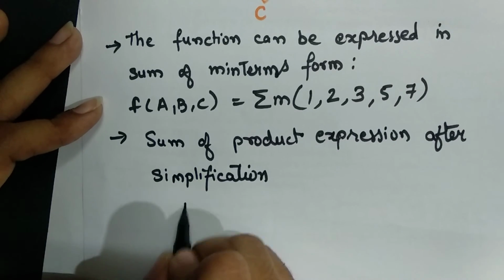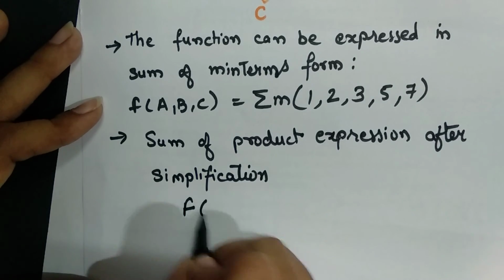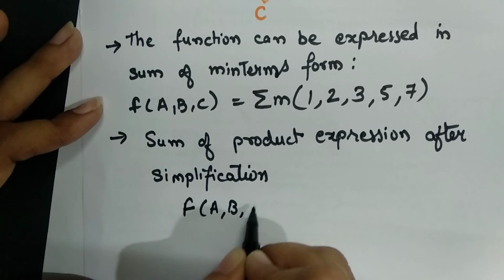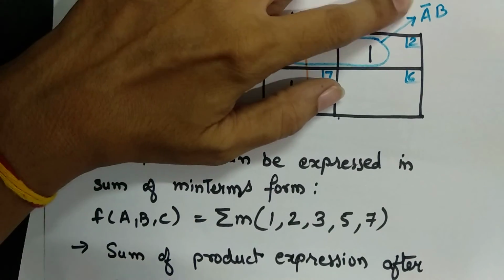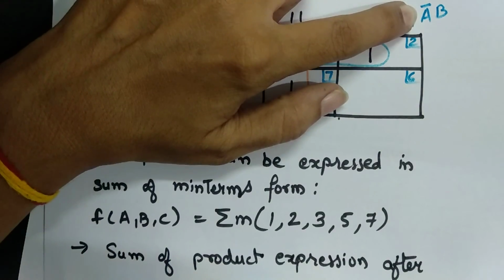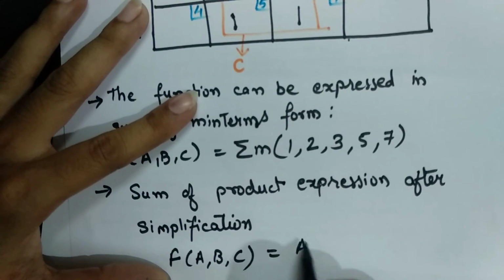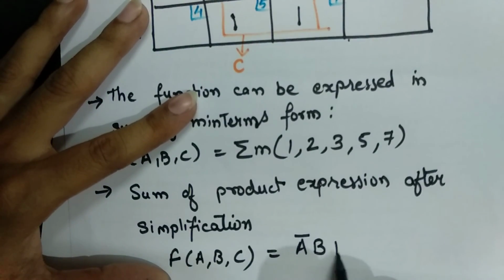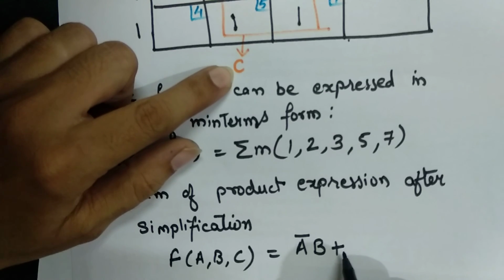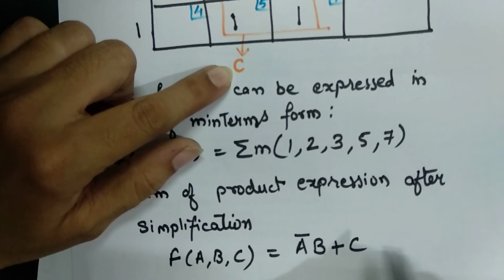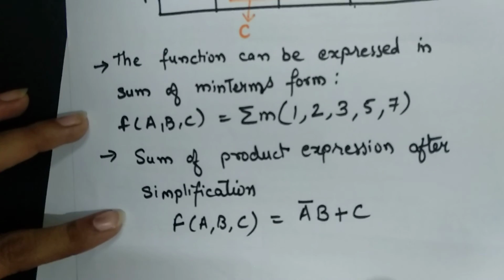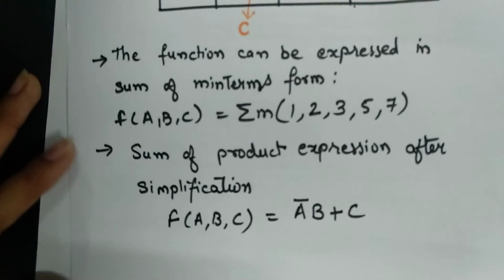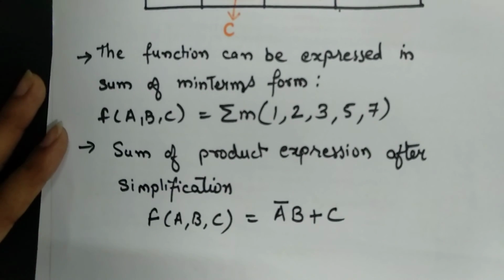The answer will be f of a comma b comma c is equal to, what it is, a bar b, so it is a bar b plus c. So this is the answer related with your third problem.